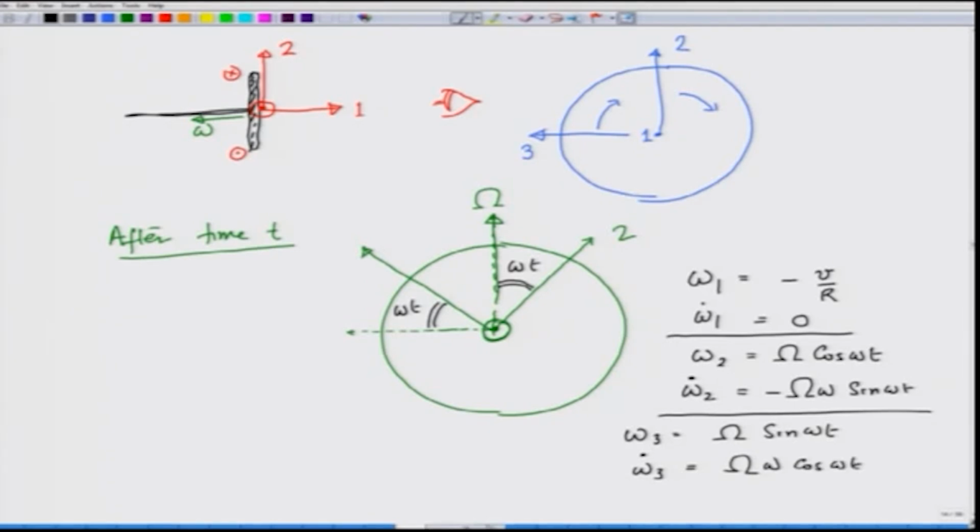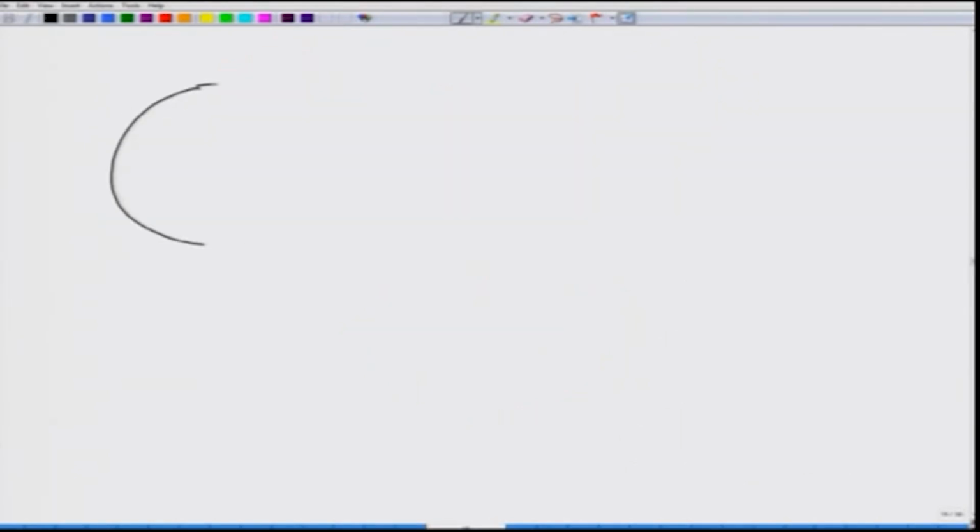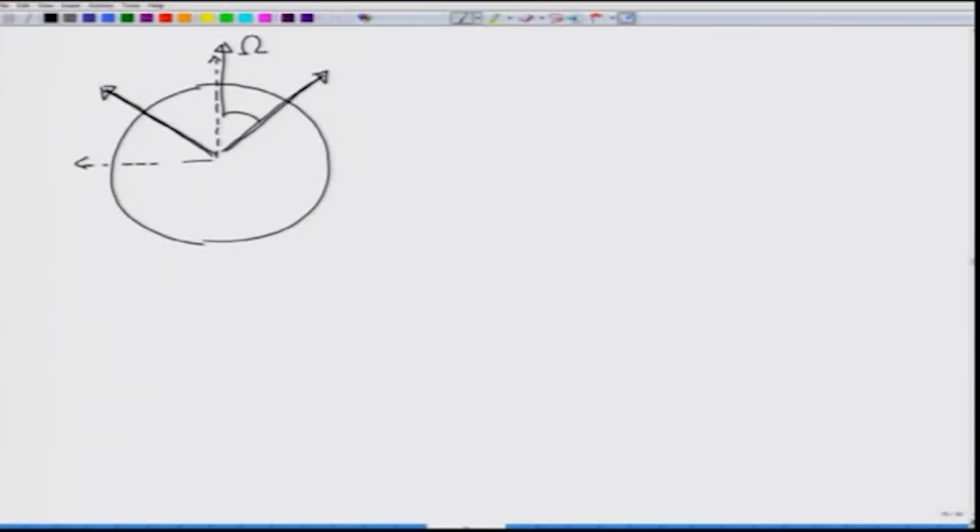Let me go to the next page and make this picture again. Here is this wheel, here are the original 3 and 2 with capital omega pointing in this direction. This is my axis 2, this is my axis 3, with this angle out here being omega t, and axis 1 is coming out.